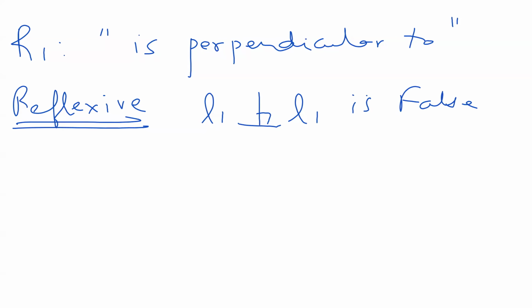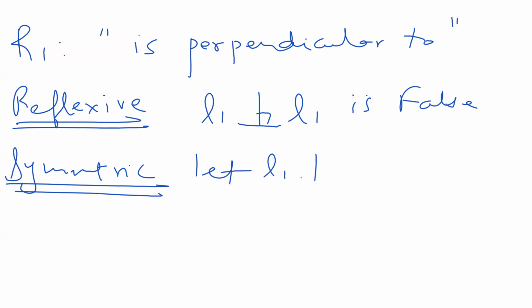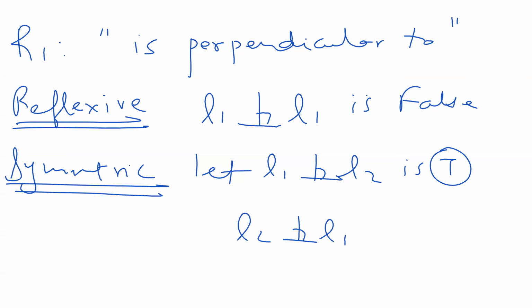Symmetric. Let L1 be perpendicular to L2 is true. Now reverse this. L2 perpendicular to L1. Does this make sense?